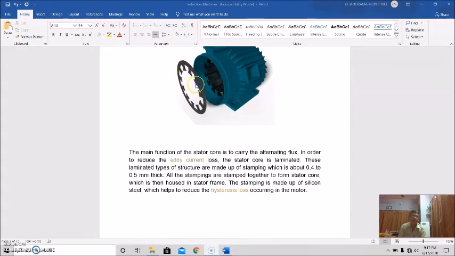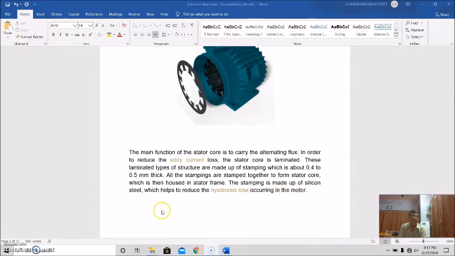Okay, so these laminated structures are made up of stamping. So this is stamping, which is about 0.4 to 0.5 millimeter thick, and all the stampings are stacked together to form the stator core, which is then housed in the stator frame. Okay, and the stamping is made up of silicon steel.